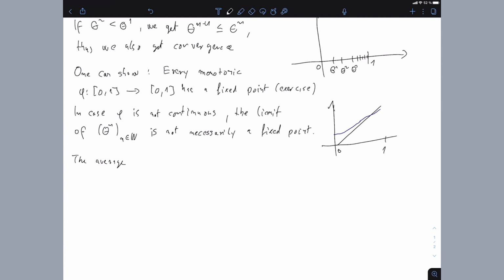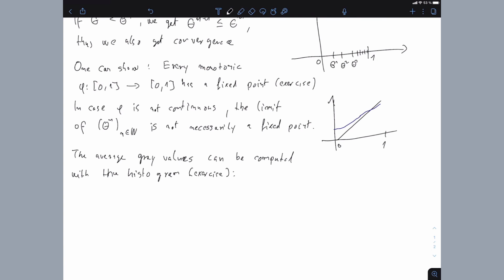So the average gray values can be computed with a histogram. And computing this is also a nice exercise.